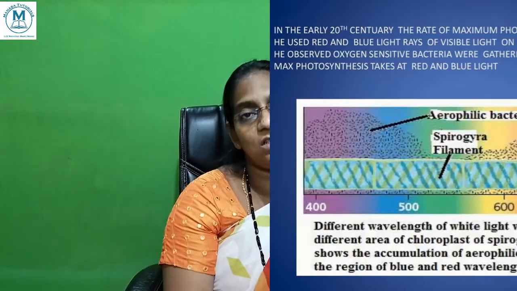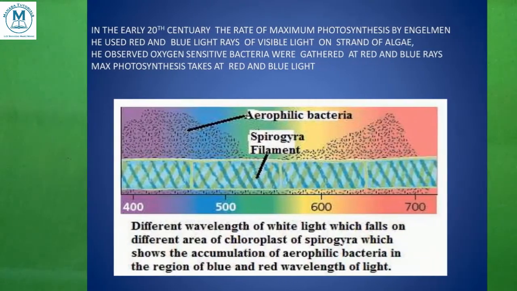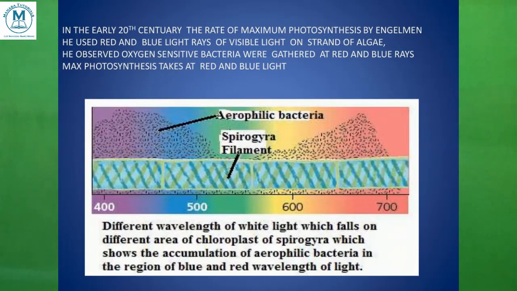Later, in the 20th century, one scientist worked on finding at which point of light maximum photosynthesis takes place. He took an algae strand and shone different colors of light onto that algae strand, and he used oxygen-sensitive bacteria on that algae strand.